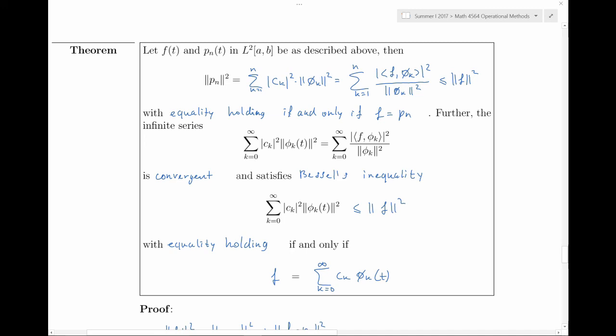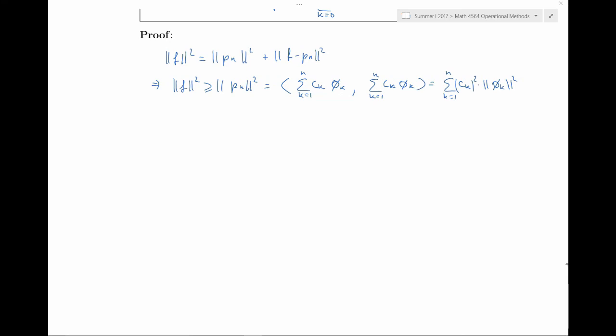and also this result, that this sum is convergent, because this sum is the sum of positive quantities. So the partial sums is an increasing sequence, and any increasing sequence that's bounded above must be convergent.